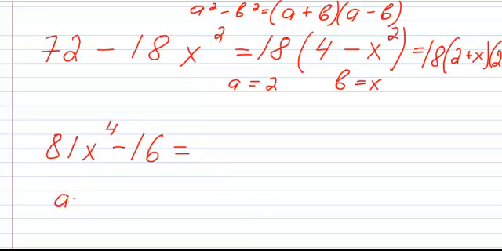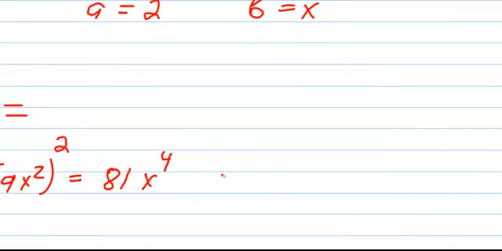So a is apparently 9x squared, because when we take our a and square it, we will get 81x to the fourth. And b is obviously 4.